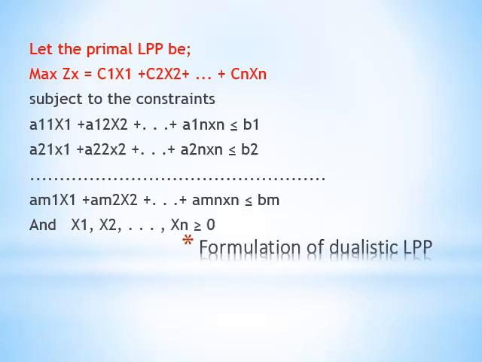On the other hand, x1, x2, xn refer to the decision variables, for example products.